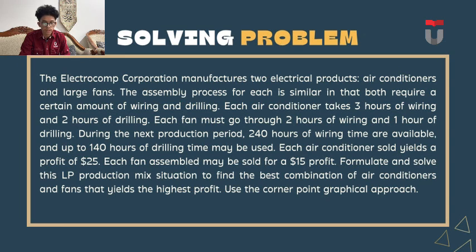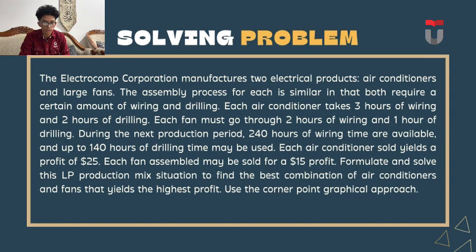During the next production period, 240 hours of wiring time are available, and up to 140 hours of drilling time may be used. Each air conditioner sold yields a profit of $25. Each fan assembled may be sold for a $15 profit.